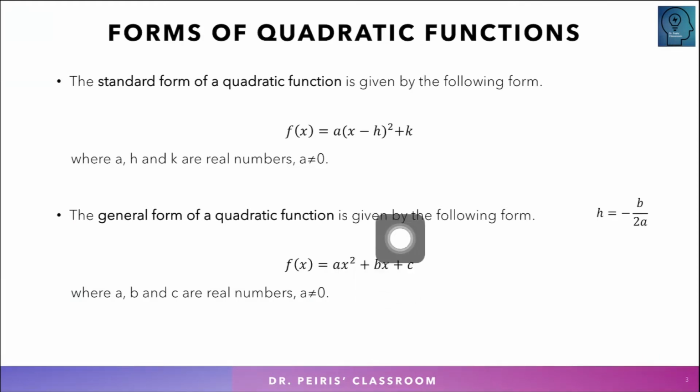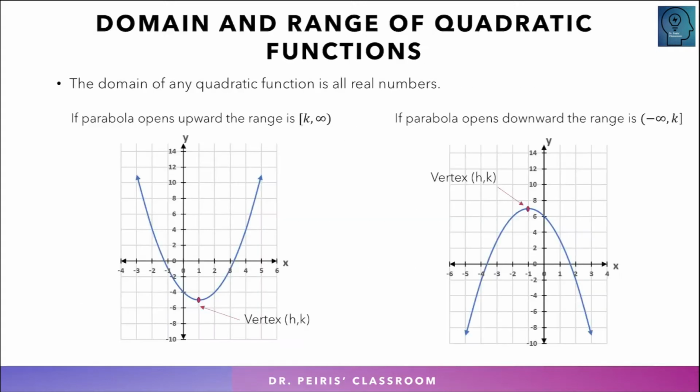There is no restriction on the values that you can substitute in for the x, which means for a quadratic function, the domain is all real numbers. The domain goes from minus infinity to positive infinity.